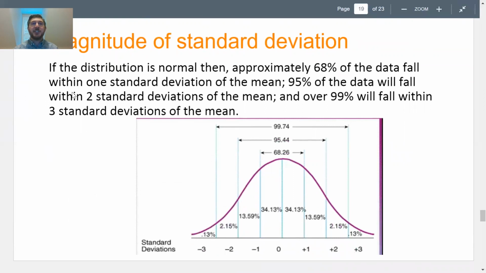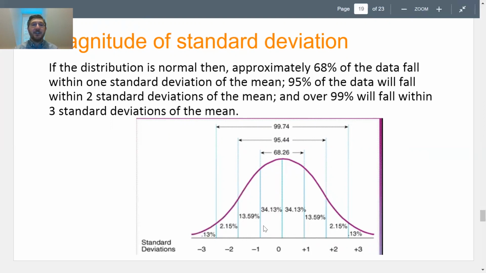Standard deviation has some nice properties in terms of the normal distribution. If your distribution is normal or approximately normal, around 68% of scores will fall within one standard deviation of the mean, on either the positive or negative side. About 95% of the data will fall within 2 standard deviations of the mean.